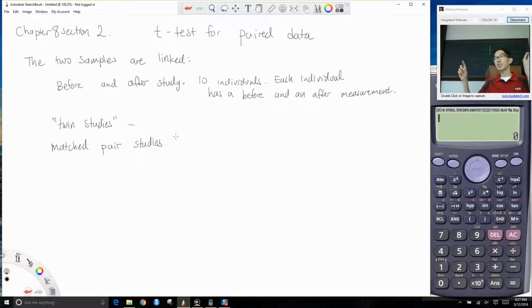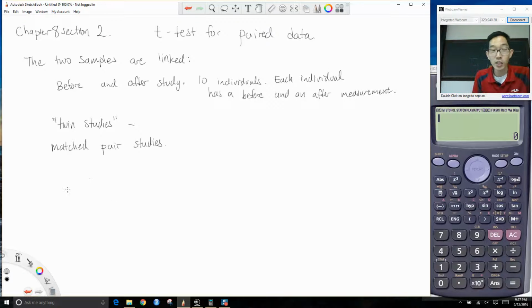Maybe they're of similar age, height, weight, build, whatever other characteristics. If you're doing a study on health effects, you want to make sure they're matched, so you can see if this person ended up being different from that person. So these are paired data tests.